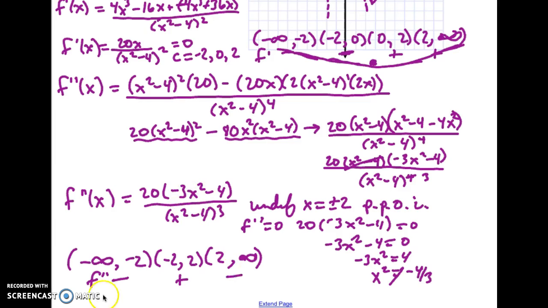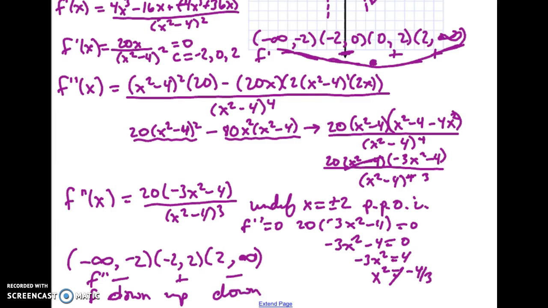So our concavity changes. F is concave up, concave down, and concave... I have that backwards. Sorry, I said that wrong. That is not right. Down, up, down. Sorry.